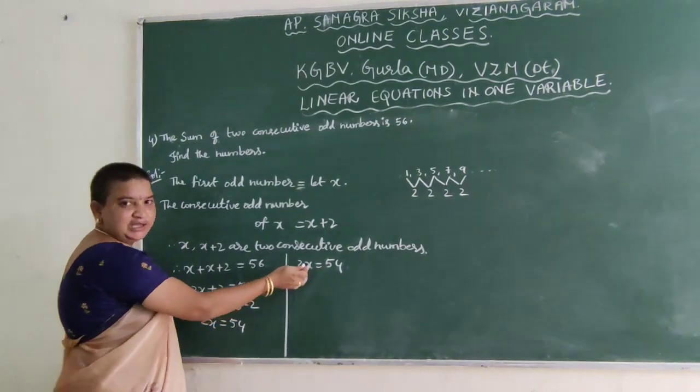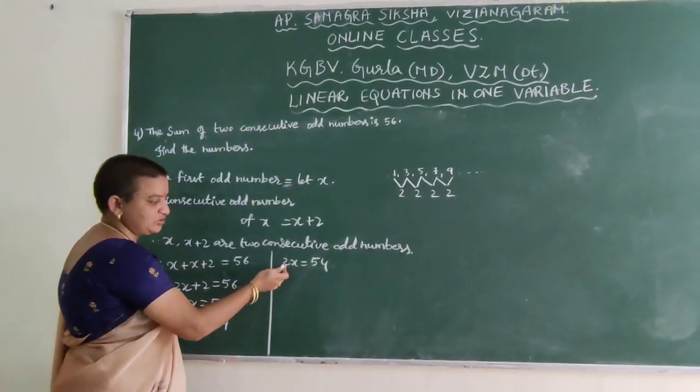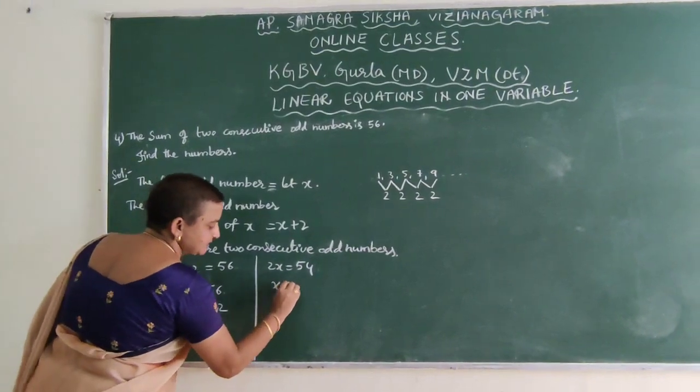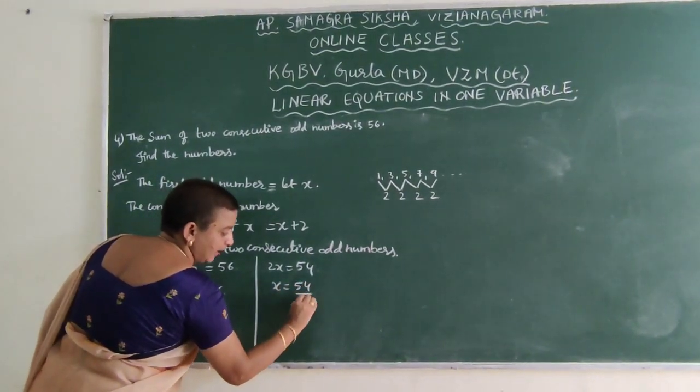Here 2 multiplies the variable x. So if we transpose it, it divides 54. x is equal to 54 by 2.